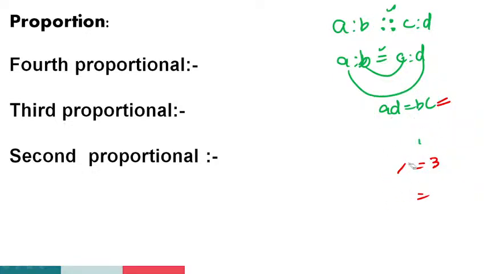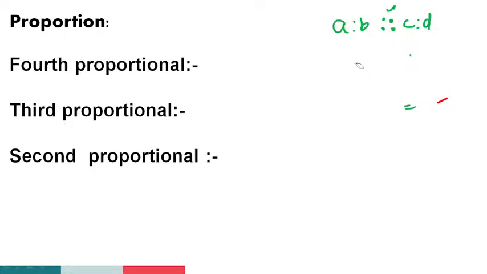The proportion formation is AD is equal to BC. Guys, are you following with me? Say yes or no. AD is equal to BC.